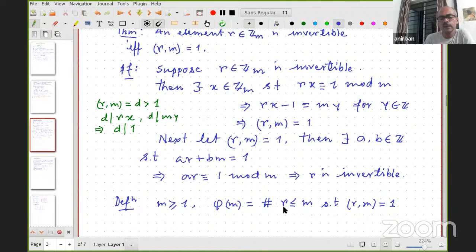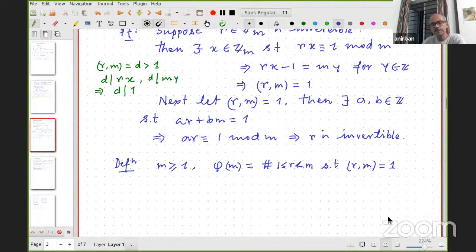Of course r cannot be m, so 1 less than or equal to r less than m. So it is the number of integers between 1 and m which are co-prime to m. We just count that, and that is phi of m.